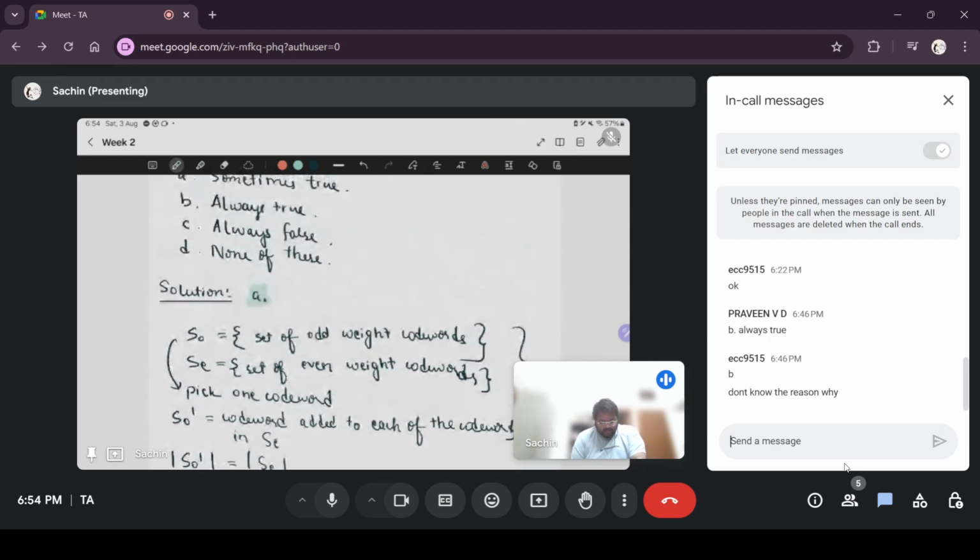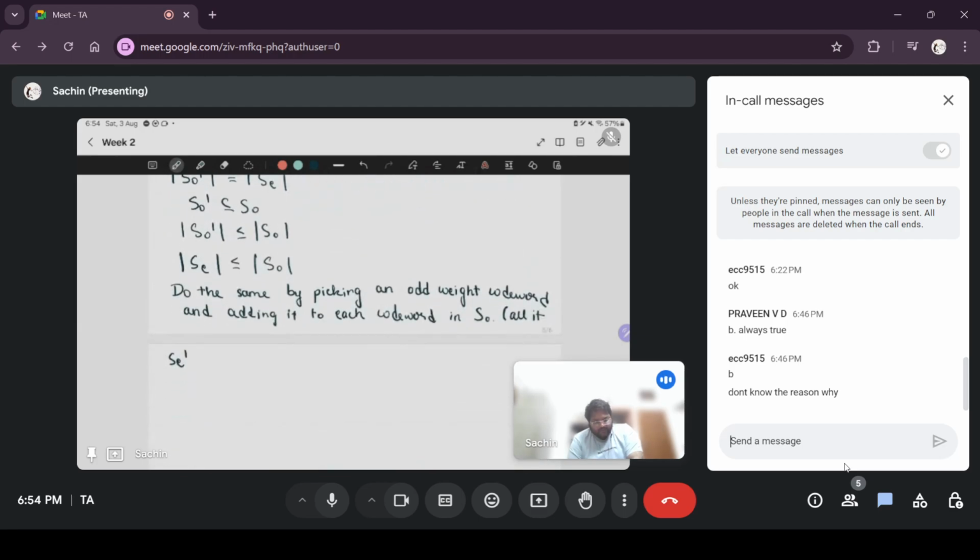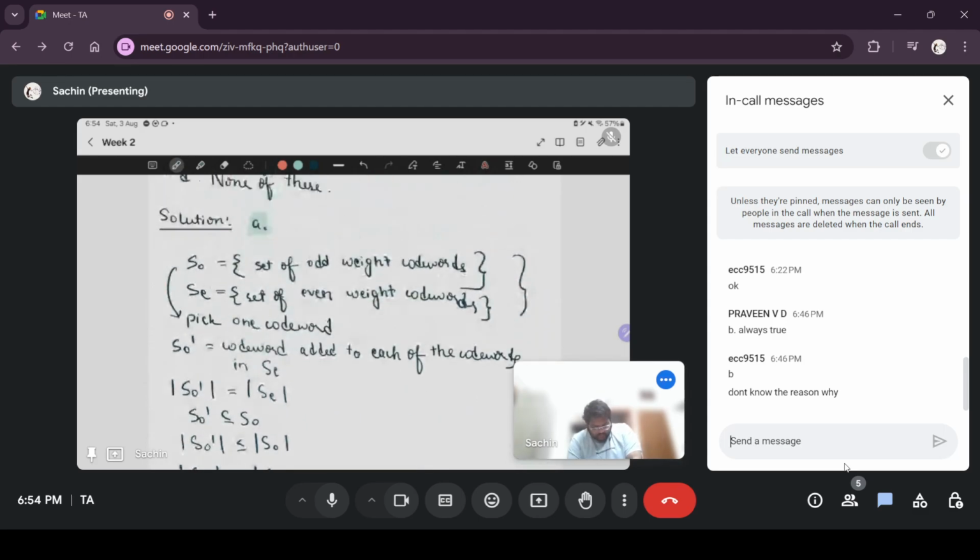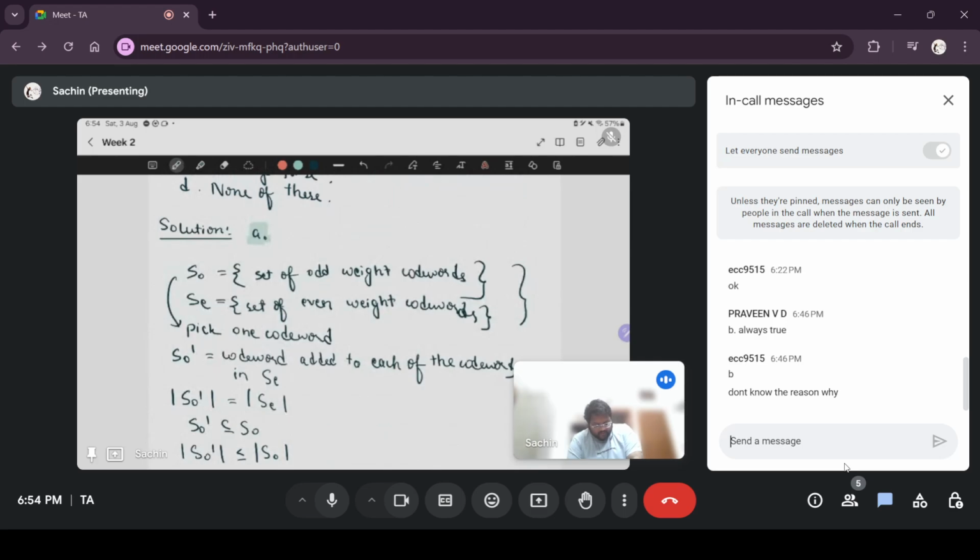So when you add two odd weight code words, you'll get an even weight code word. So by doing this, whatever code words you get must be even weight. So this SE prime must be a subset of the even weight code words. But also, the way you got this is you took an odd weight code word and added it to all the code words in SO. So the number of code words in this new set is equal to the number of code words in the odd weight set.